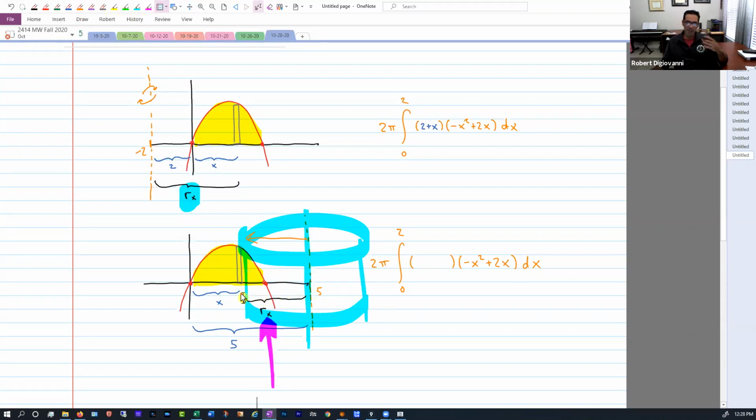Just like we did with the washer method, we know the distance from the y-axis to our axis of rotation is 5, that's fixed. We know the distance from the y-axis to the rectangle is x. So what should this be for this one? 5 minus x. 5 take away x.